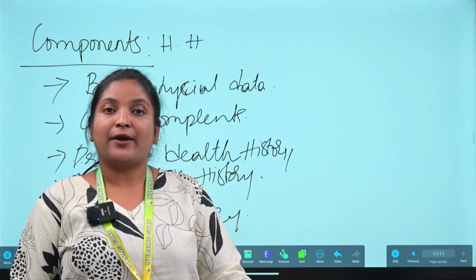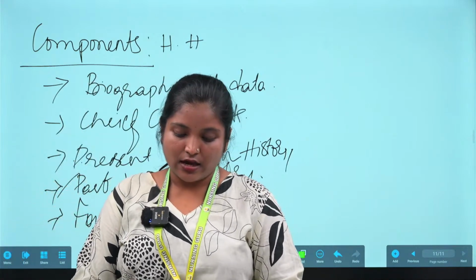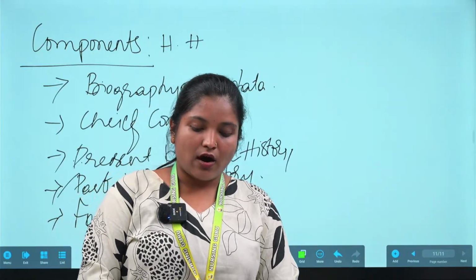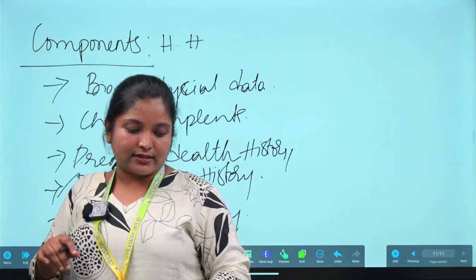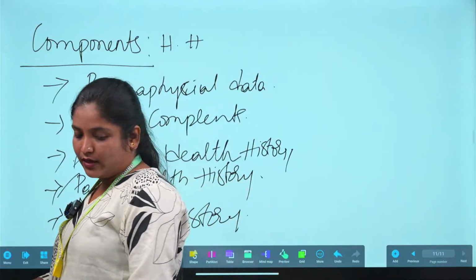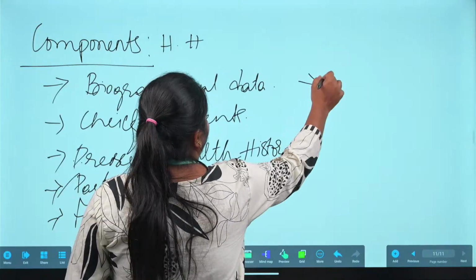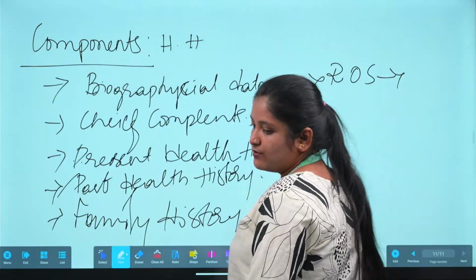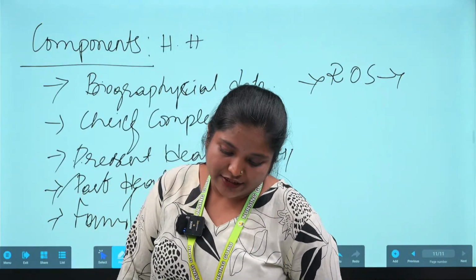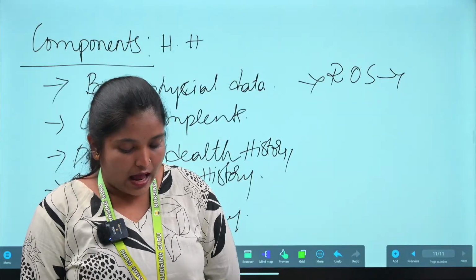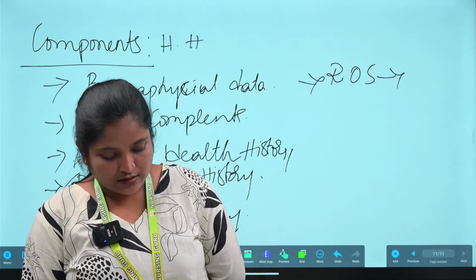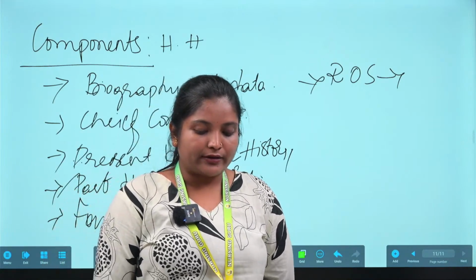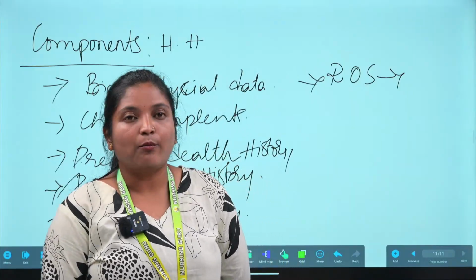The next one is patient profile, family history. After that, review of systems, ROS. Review of systems means the system evaluation covers a general health overview as well as the symptoms specific to each body system. It is important to record both negative and positive responses.